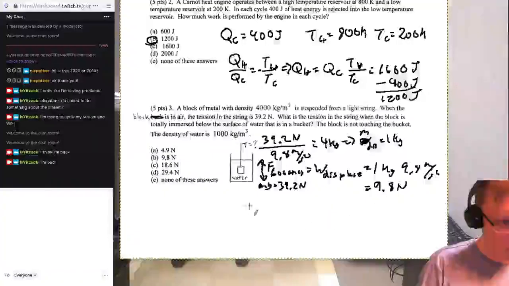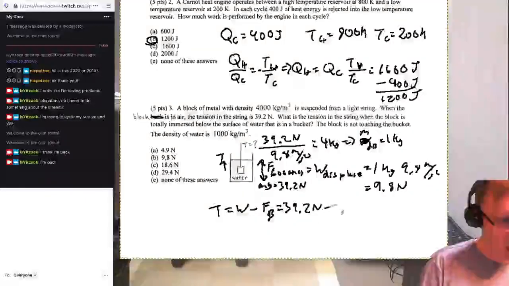So now we can go that the buoyancy, so that means that tension is whatever is left over. So tension is equal to weight minus force of buoyancy. So that is 39.2 newtons minus 9.8 newtons.